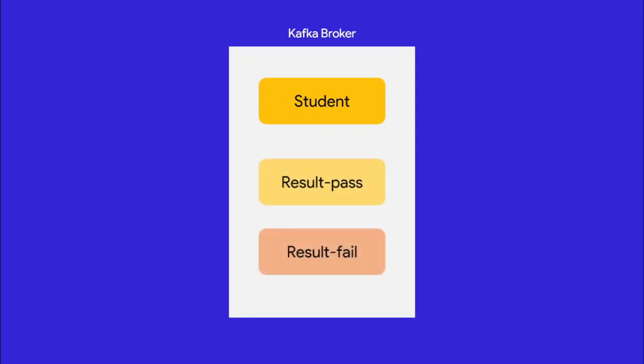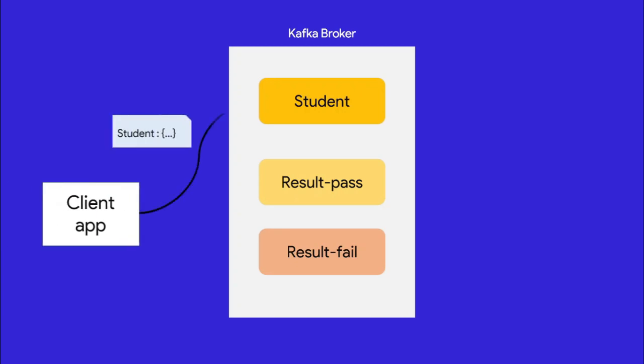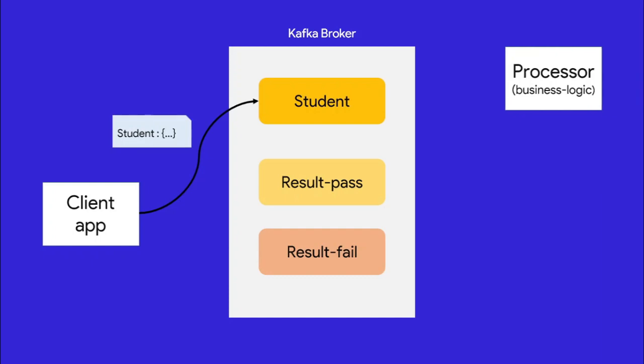This is our Kafka broker, and inside our Kafka broker we have three separate topics. One is student, the second is result pass, and the third one is result fail. From our client app, we will send student data as inbound data to the student topic, and from the student topic our application will consume that data.